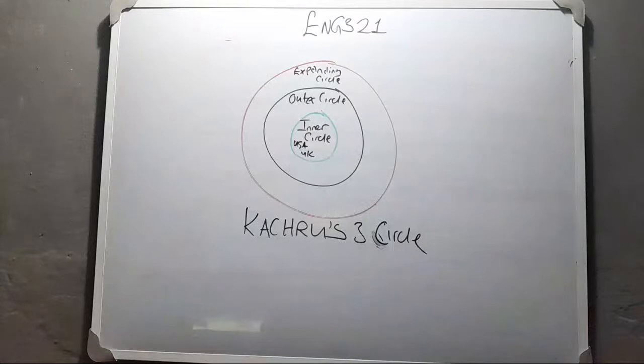The outer circle is where English was produced by the second diaspora of English, which spread the language through imperial expansion by Great Britain to Asia and Africa.